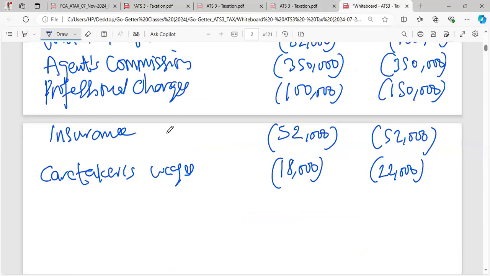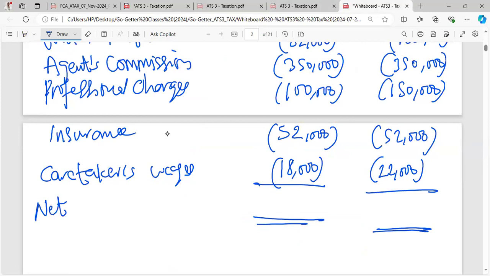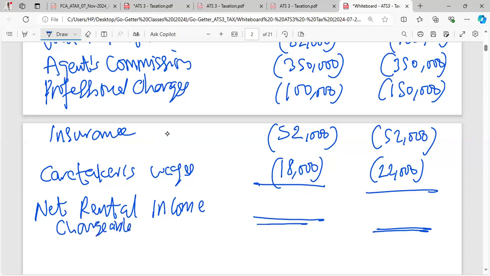We will now look for the answer here. This is going to be your net rental income chargeable to tax. So this is the income that is chargeable to tax.